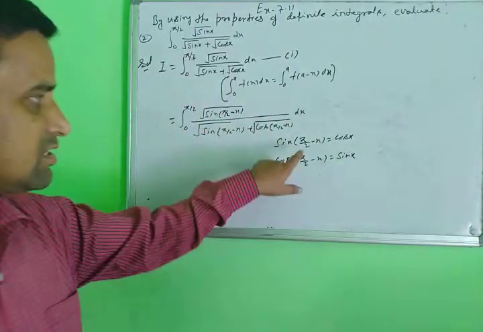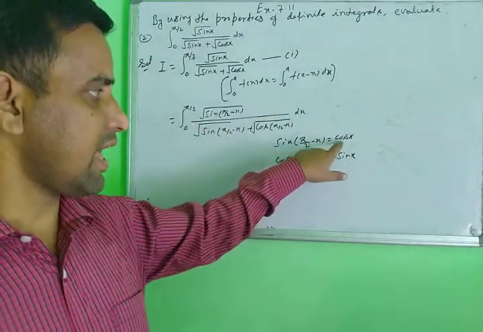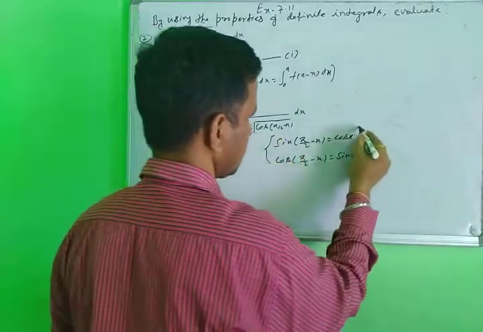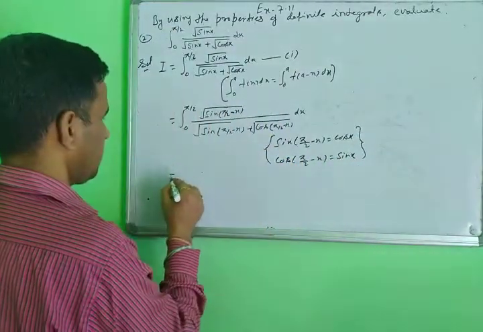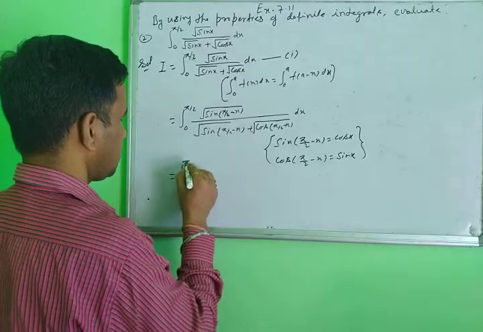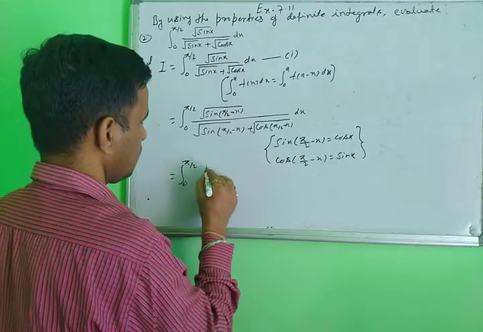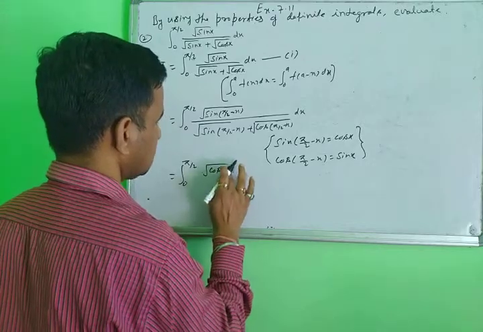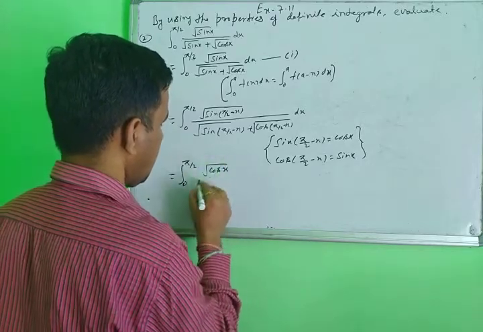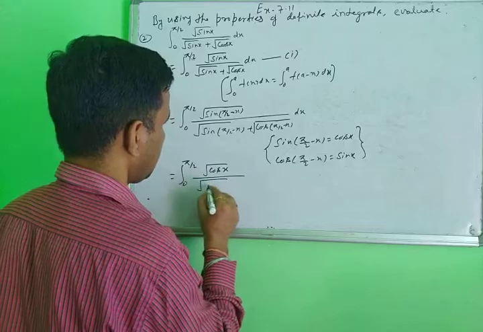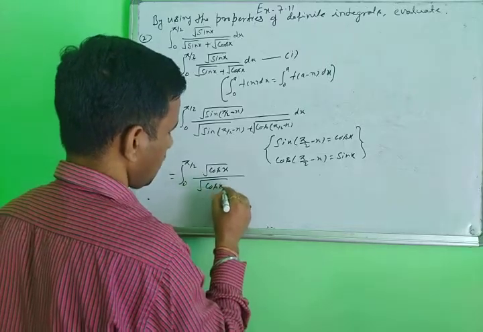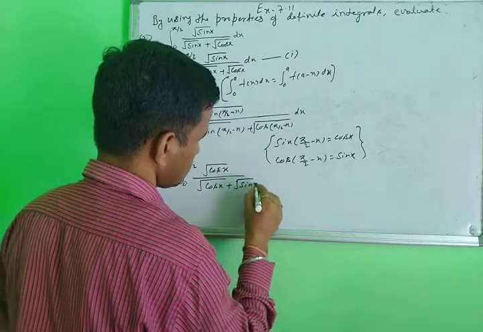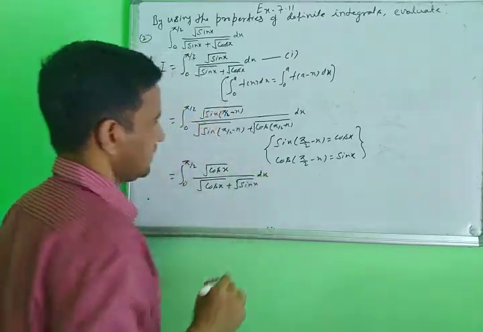Because these are in the first quadrant, where every trigonometric ratio is positive, using this, now the integral from 0 to pi by 2 of root cos x upon root cos x plus root sin x dx.